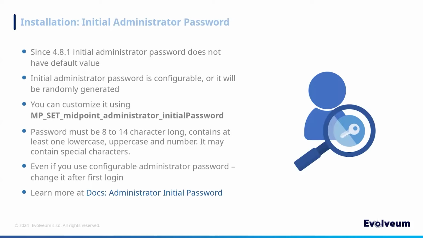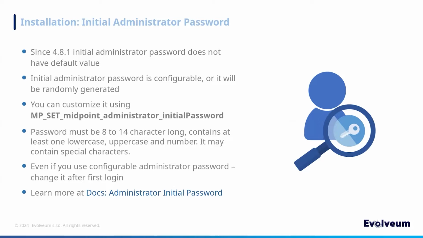One of the most notable changes in 4.8.1 and in follow-up releases is that administrator account does not have static password anymore. The password can be configured, or it will be generated according to the password policy. If you want to configure the initial administrator password before, we support several ways to do it. It's using the environment variables, Java properties, or using the config XML.